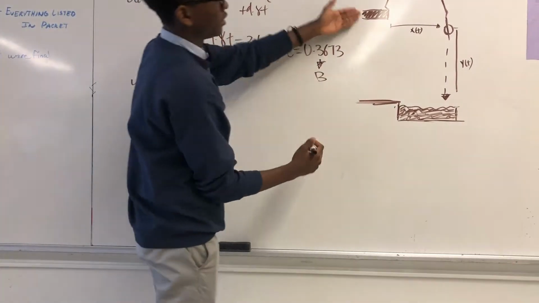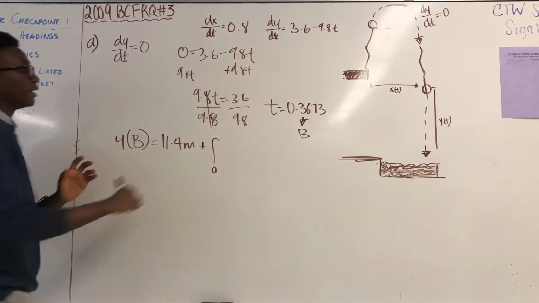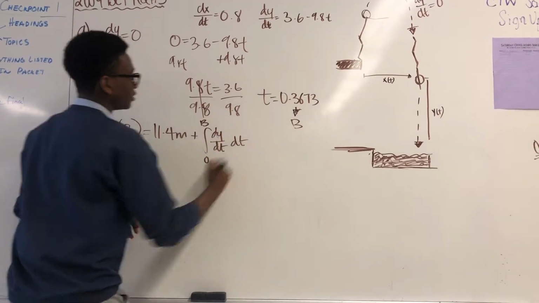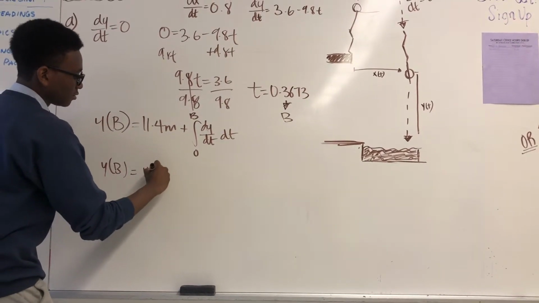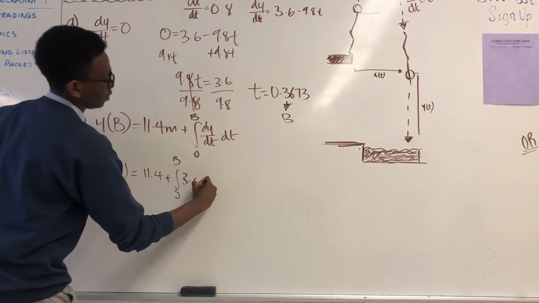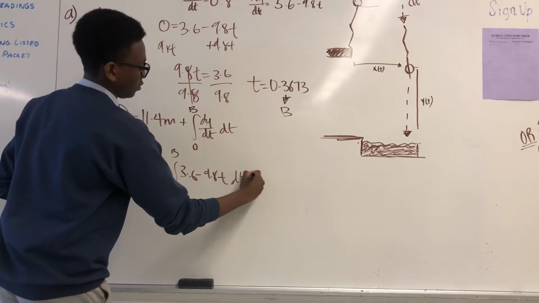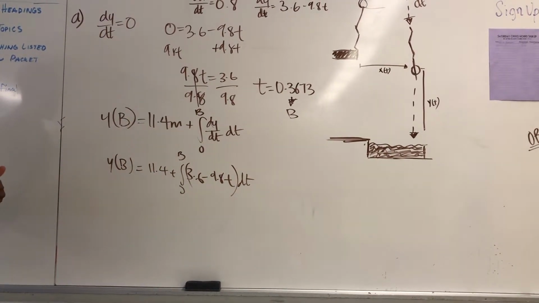Now you put this into the equation: y of b equals 11.4 plus the integral from 0 to b of dy/dt. You put the expression 3.6 minus 9.8t into your calculator and find the integral from 0 to b.